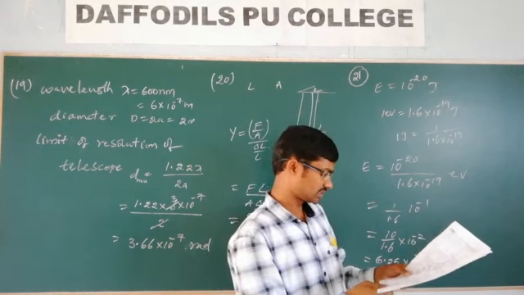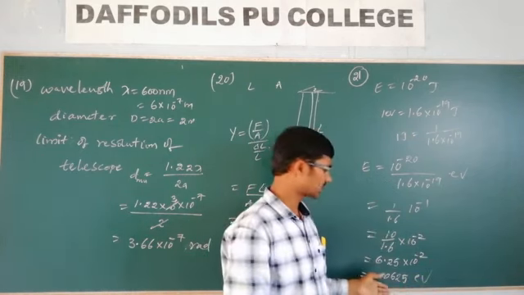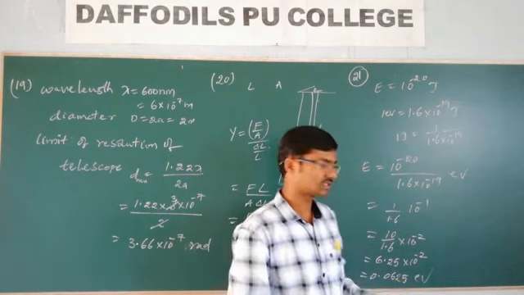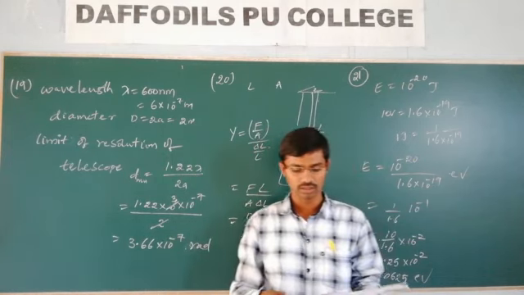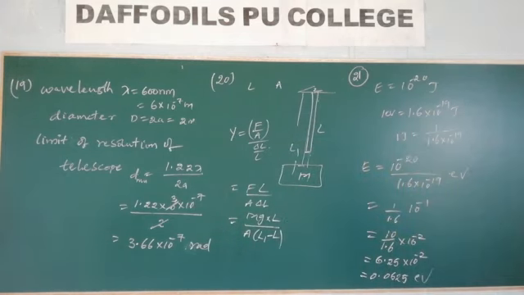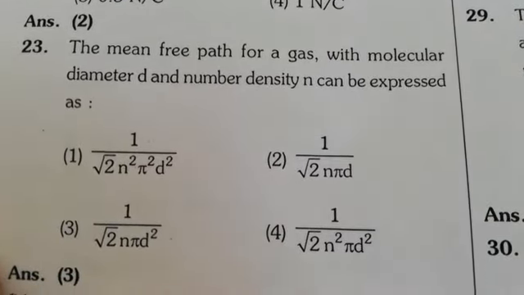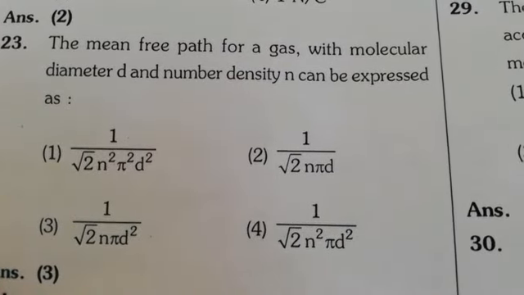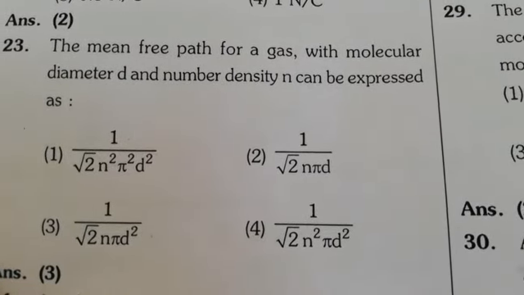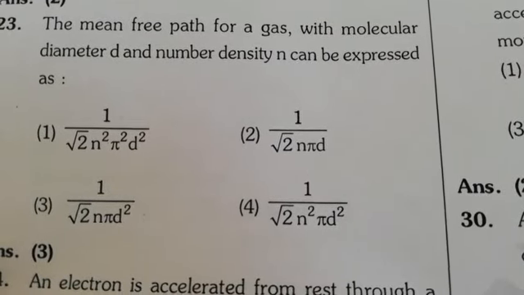Now 10 by 1.6 value is 6.25, so 6.25 into 10 power minus 2, that is equal to 0.0625 electron volt, which is fourth option, 0.06, but we have calculated even more decimals, which is 0.0625, and the exact value is what? Fourth. Let us go for the 22nd one.